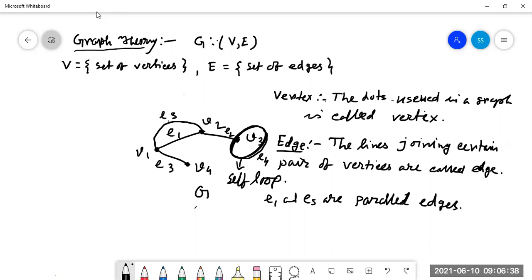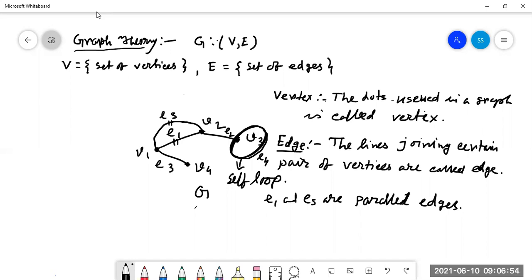If for any pair of vertices more than one edge is there, then they are called parallel edges. Here for vertices V1 and V2, there are two edges E1 and E5, so they are called parallel edges.